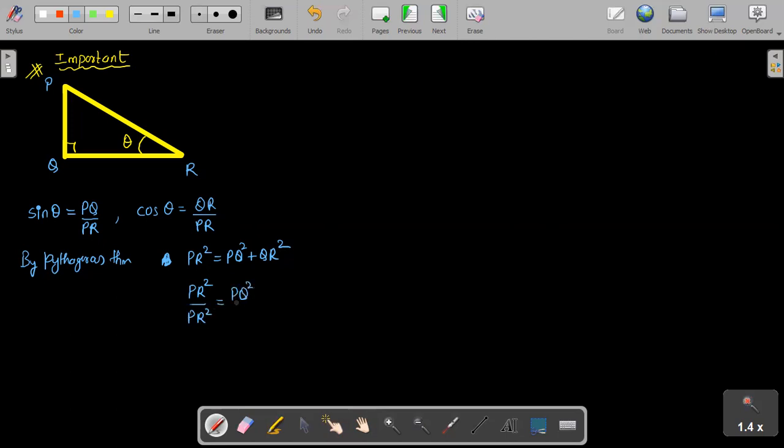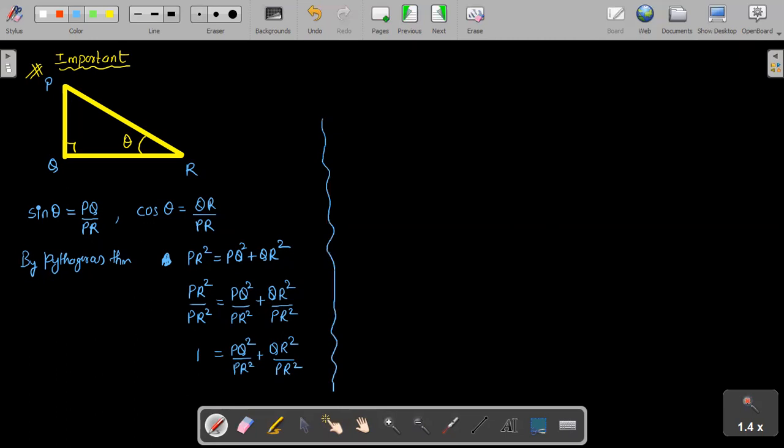Since I divided the left side by PR square, on the right side also I will do it the same way. This is to balance the equation. Now I got 1 equal to PQ square divided by PR square plus QR square divided by PR square.